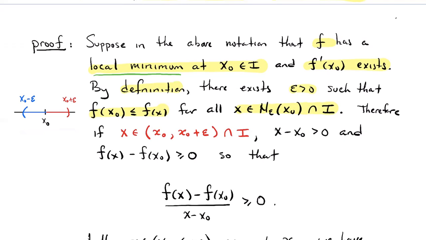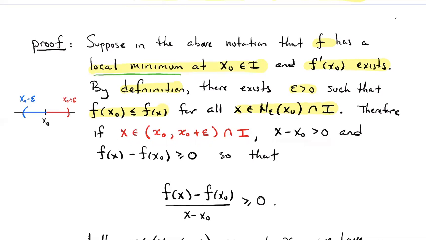In particular, just for a second, I'm going to focus on points in that neighborhood that are bigger than or equal to x naught. I've colored it in red. I'm looking at any x, because it's true for any x in the entire neighborhood. So in particular, if x is bigger than x naught but less than x naught plus epsilon, so it's in the right half of this epsilon neighborhood, and it's a point in I, well, because x is bigger than x naught, that difference is positive.